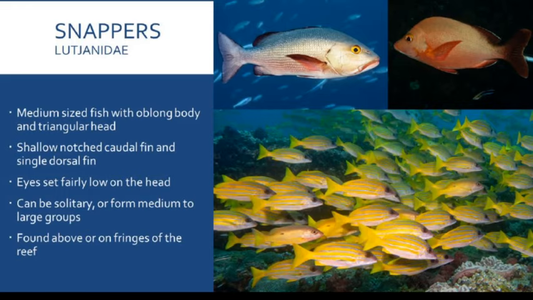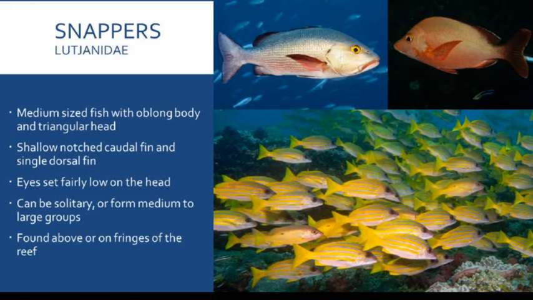Their eyes are also set fairly low on the head, so you can see the eyes are quite near to the mouth. Now, snappers can be solitary, so some species prefer to do life on their own. Other species like to form medium-sized to even large groups.